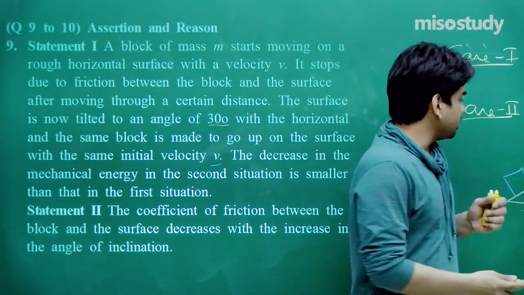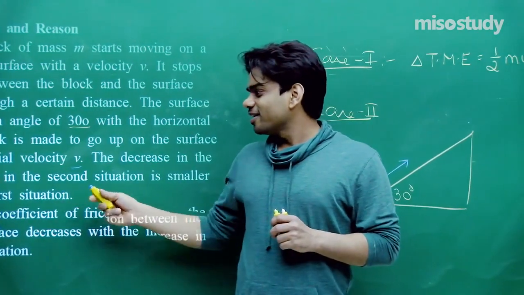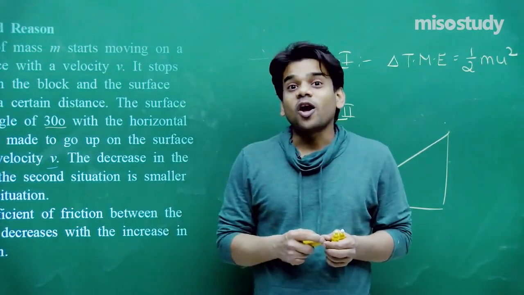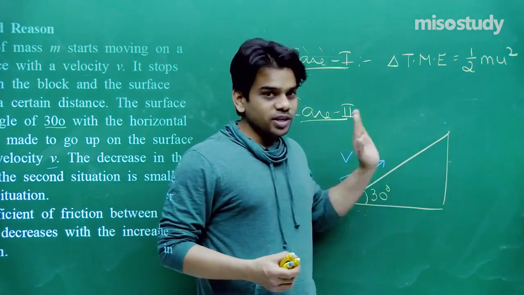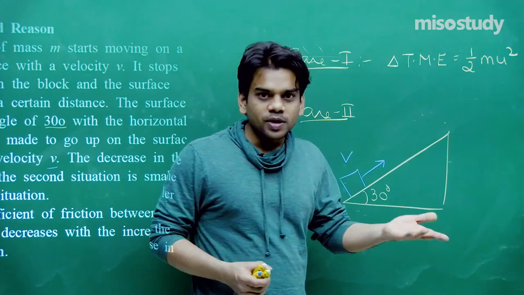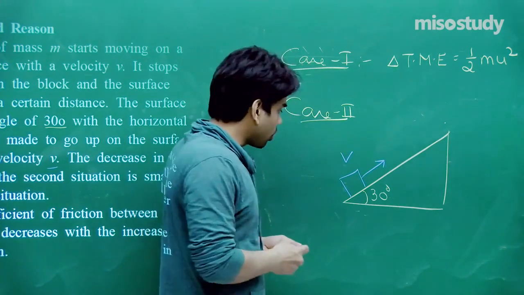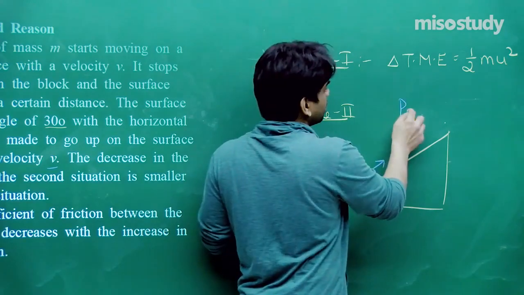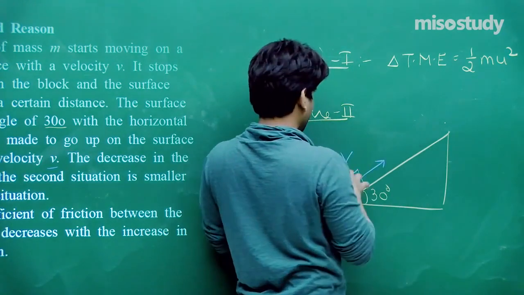Now the decrease in mechanical energy: it is going with initial speed v, it will stop. So if I take potential energy to be 0 at the bottommost point, then we will be talking about the change in initial total mechanical energy.